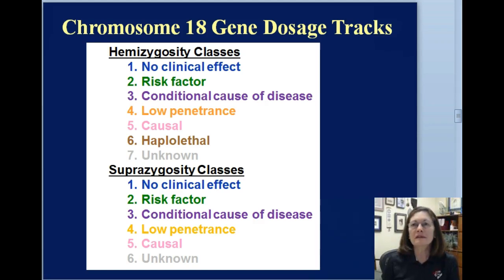Then the next category are those things that are conditional. So those genes do not cause a problem when you have a deletion or duplication of that gene in and of itself. You need something else. You need a mutation or deletion or duplication of another gene, or a specific environmental exposure, a certain drug or something that you also have to take in order to have a disease related to a duplication or deletion.